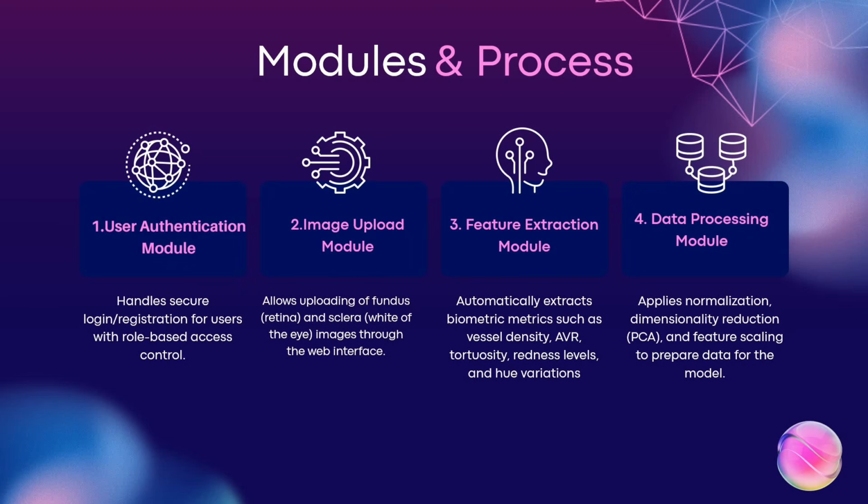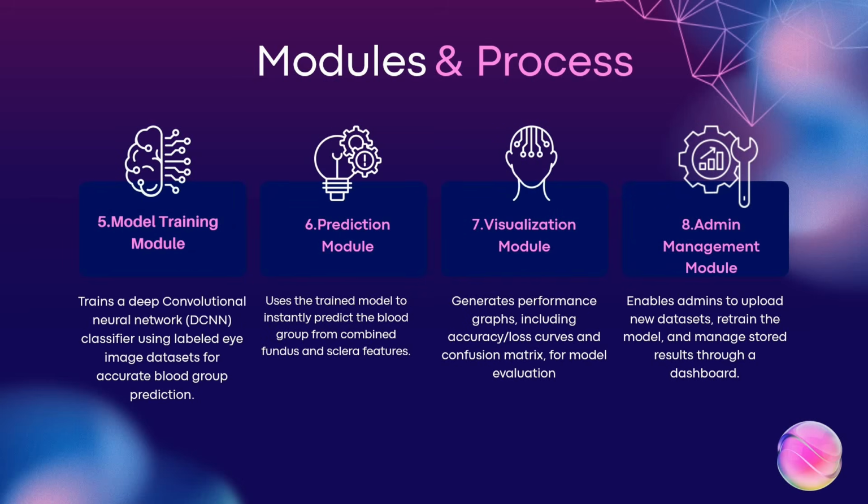Then you have to apply the pre-processing using the standard scaler model. Coming to the model training, you apply the deep convolutional neural network to train all the data. Finally, the prediction module, where the user can upload their own retinal as well as fundus image and check what type of blood group they have. Then the visualization module, which displays the accuracy, loss ratio, confusion matrix and everything.